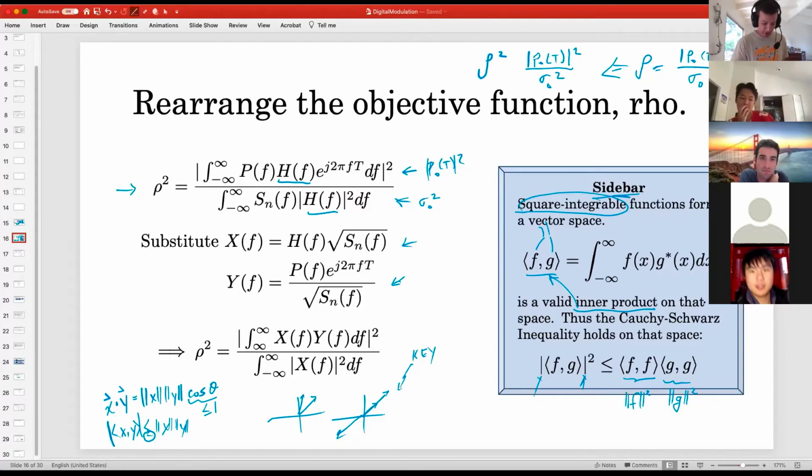So what I want you to see is that this expression looks like this expression, doesn't it? Maybe I can clean some of this up here.